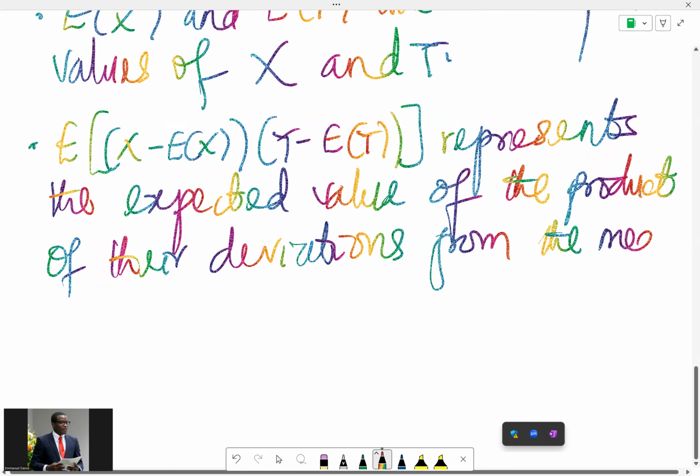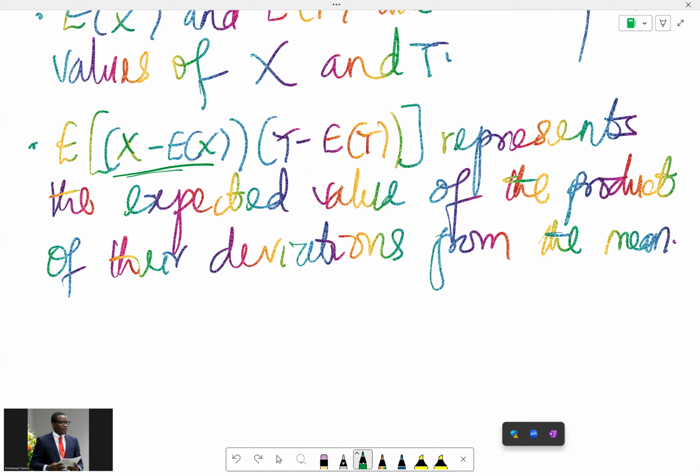So it bears close resemblance to variance that we saw before. x minus expectation of x is the difference between the random variable and the mean value. So this is a deviation for x, and this is the deviation for random variable y.